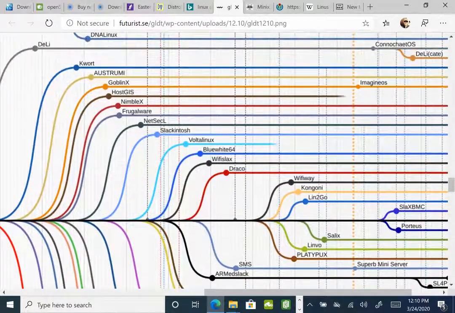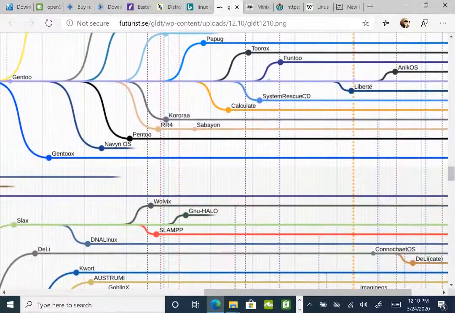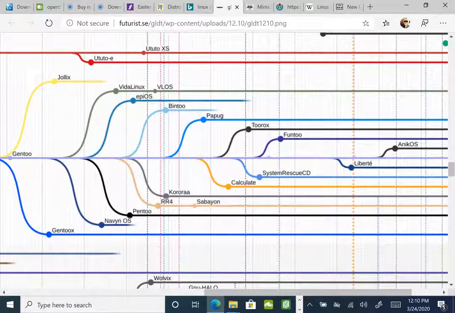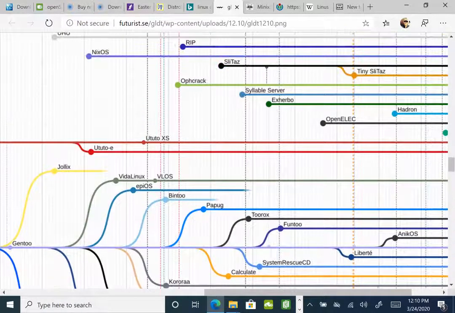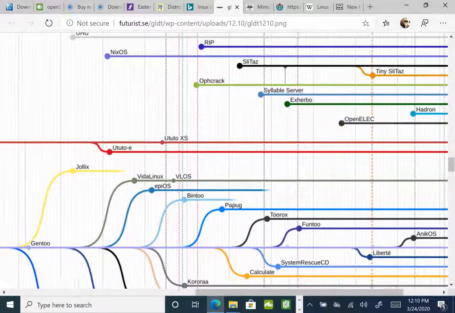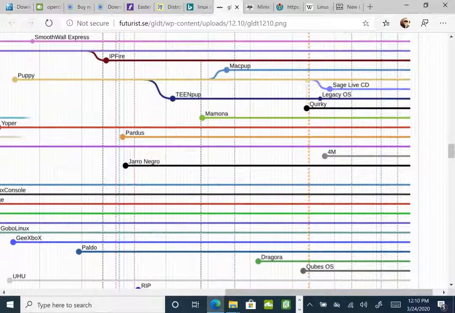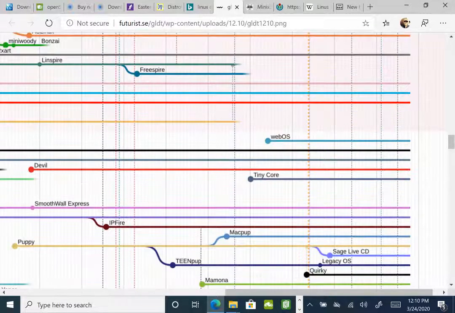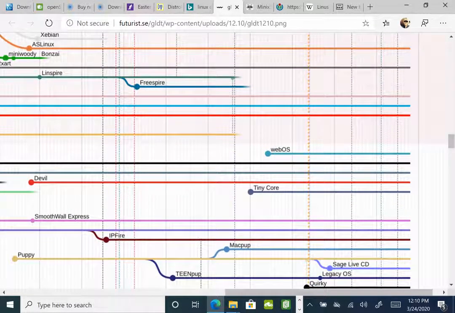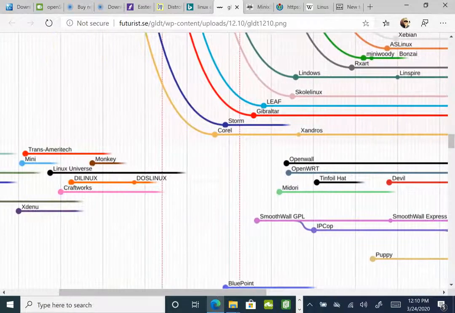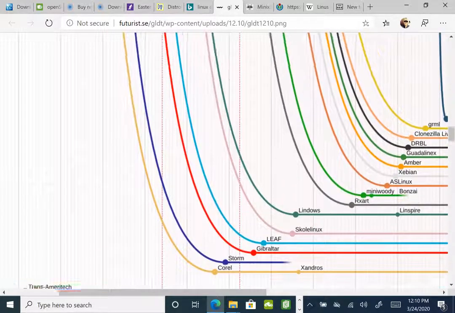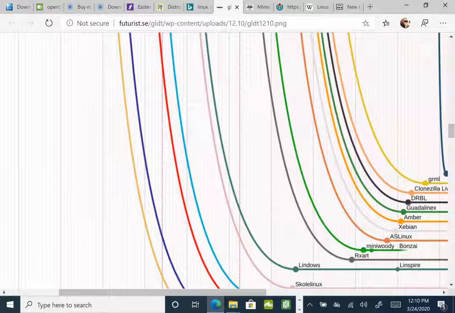Ubuntu's in here someplace. Ubuntu's a huge one that people go off of, and these days Mint is really, really popular. There's Ubuntu, that's not the same. And so anyway, the point is that, man, you can really see that there are tons and tons. There's WebOS, tons of different distributions available out here. And they all have different things that they do.